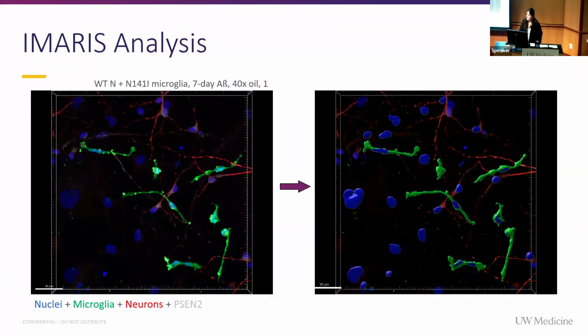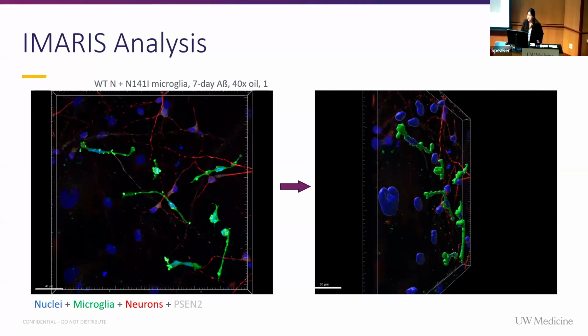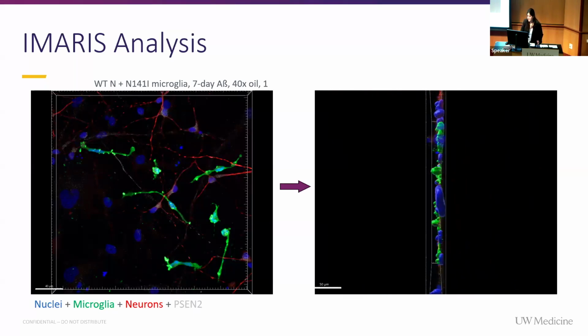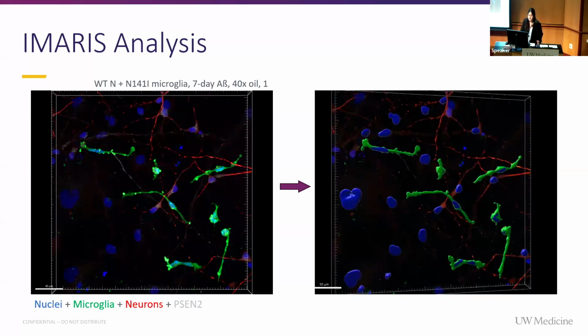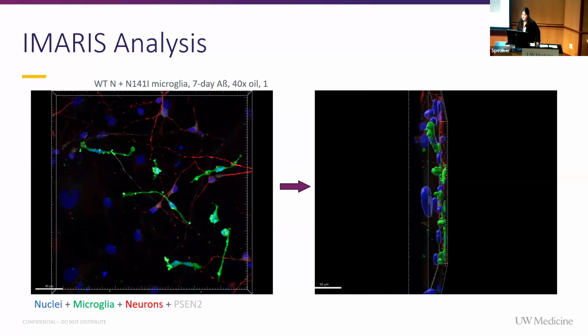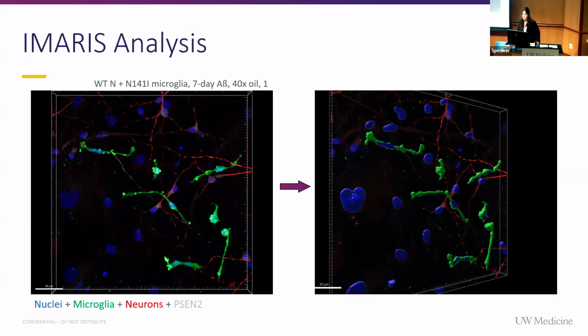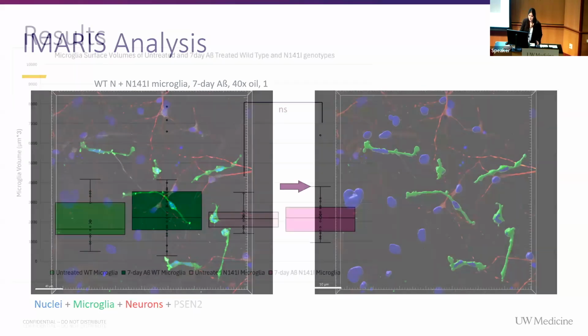And that's where Imaris analysis comes in. Imaris is a software that allows us to compile individual layers of microscope images and create 3D measurements of cells. Here, we took our nuclei, which are seen in dark blue, and our microglia in bright green, and made them 3D shapes that could give us volume and signal intensity statistics.